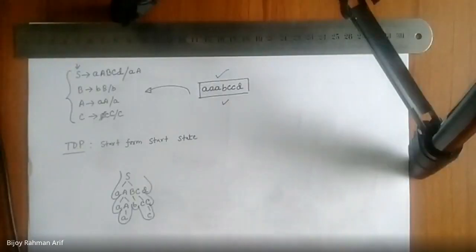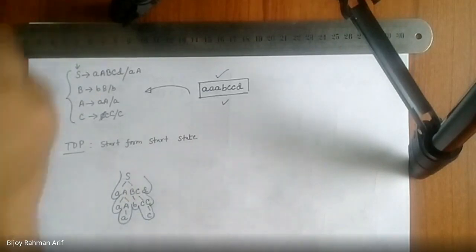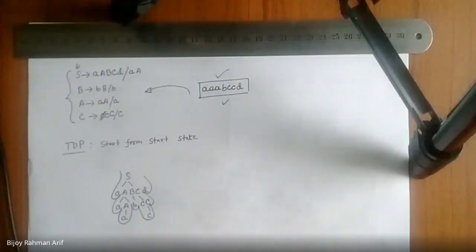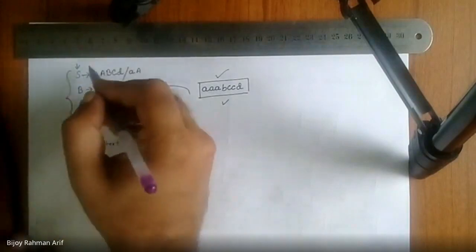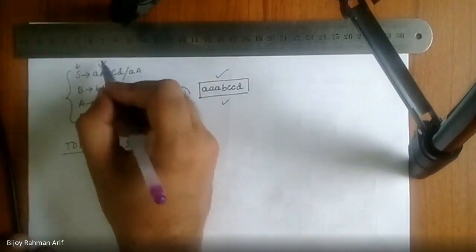If I start from the start symbol, at each step in the top-down parser, what do I need to do? We have to reach the terminals. So when I start from S, I have two choices, whether I should use this rule or that rule.